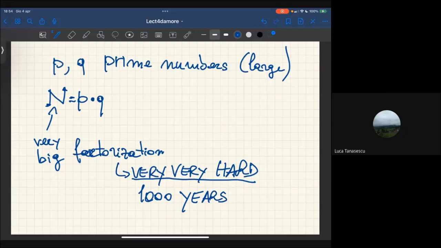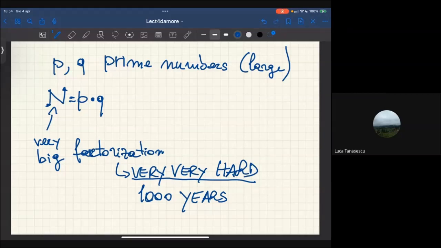So imagine you are Alice and you want to generate the pair of keys, the public and the private key. And you start by generating a pair of prime numbers, P and Q, and you compute the product of the two numbers.